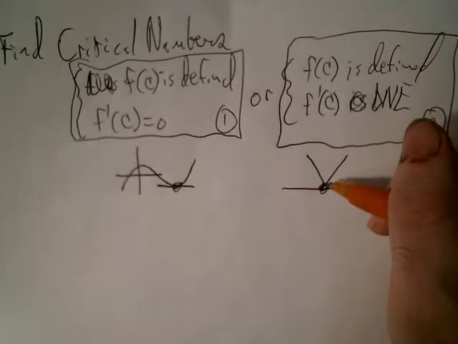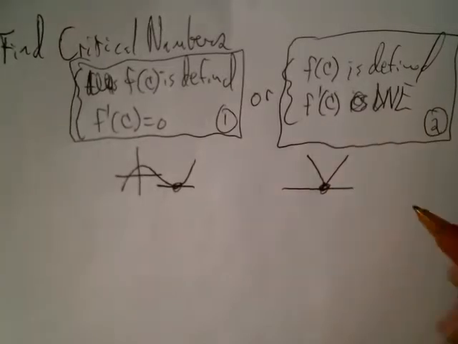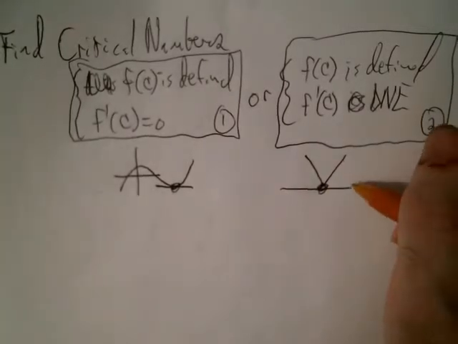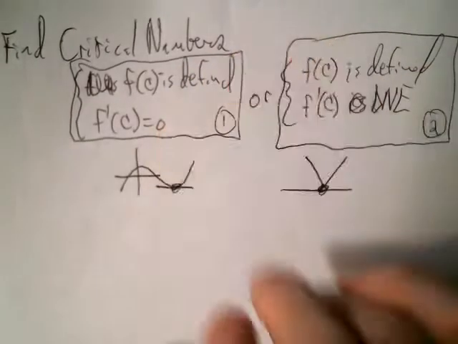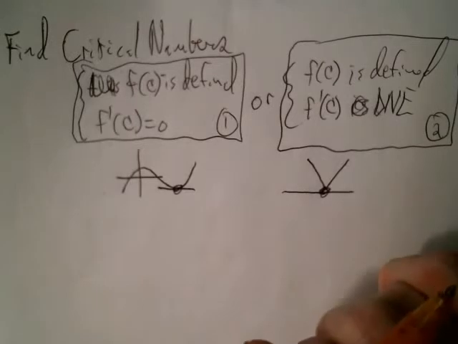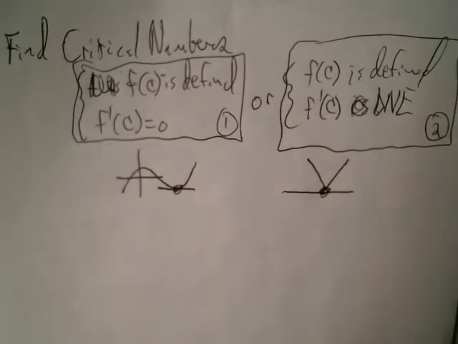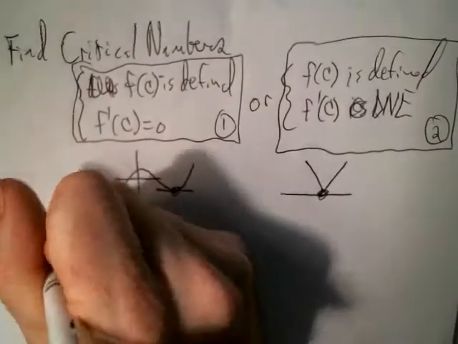They call it a cusp. Derivatives won't work there, but it's still a minimum value. Okay, so there's these two flavors of critical numbers that we're after. There may be more if I sat back and thought about it, but I think that'll get us through the material.